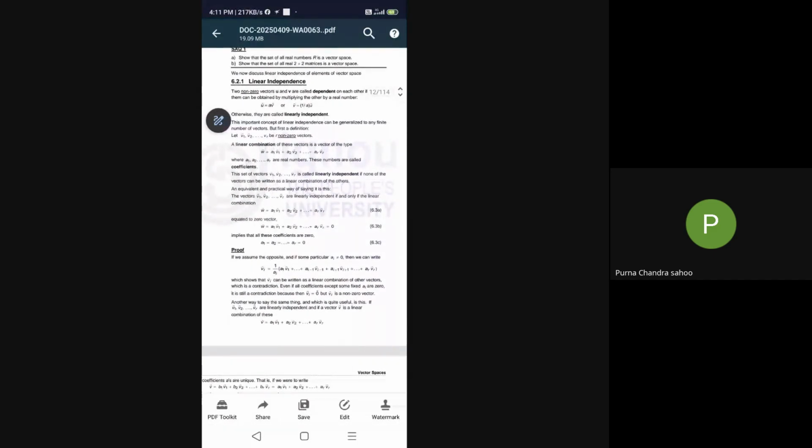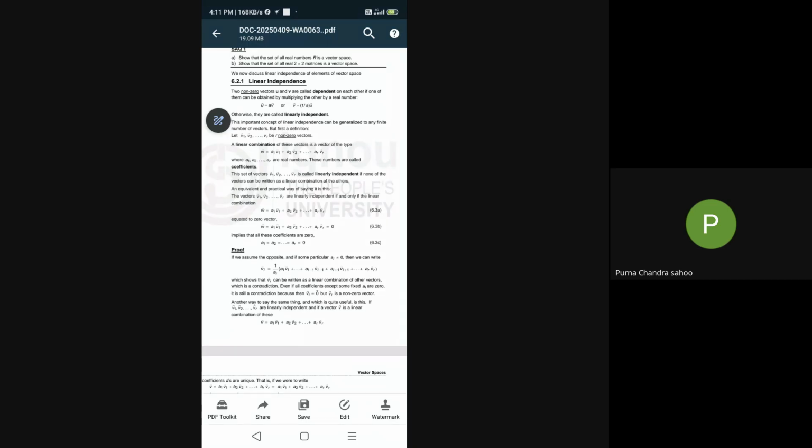The most important concept of linear independence can be generalized to any finite number of vectors. But first, a definition. Let V1 vector, V2 vector, and so on up to VR vector be R non-zero vectors. A linear combination of these vectors is a vector of the type W vector is equal to A1 V1 vector plus A2 V2 vector plus and so on up to AR VR vector, where A1, A2, up to AR are real numbers.